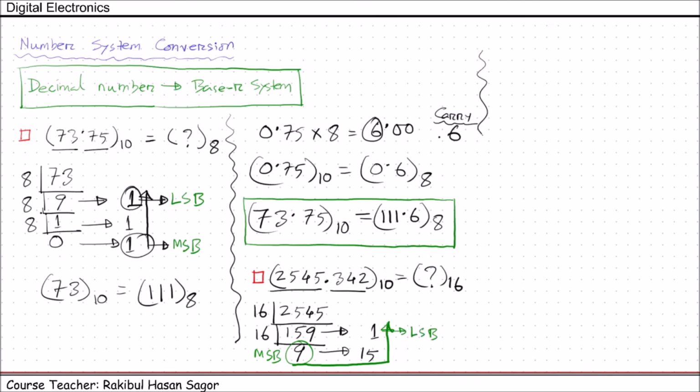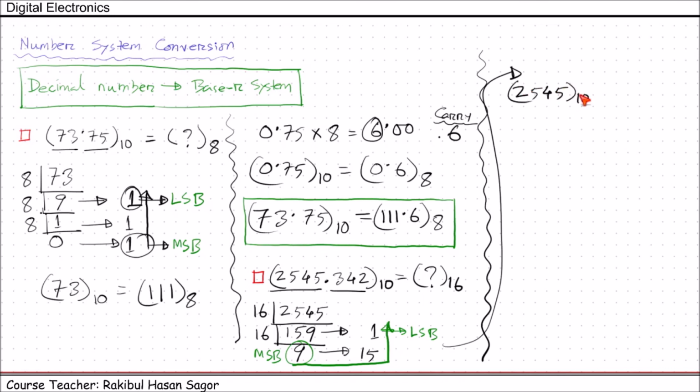So let's write the portion here. We are going from here to here. We can write 2545 decimal is equal to 9, 15, 1. Now we have 15 here. That means in decimal we are utilizing 1 and 5 here, but for hexadecimal number this 15 is represented by a single symbol.